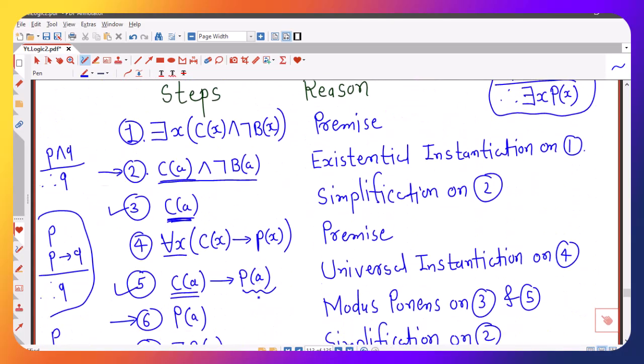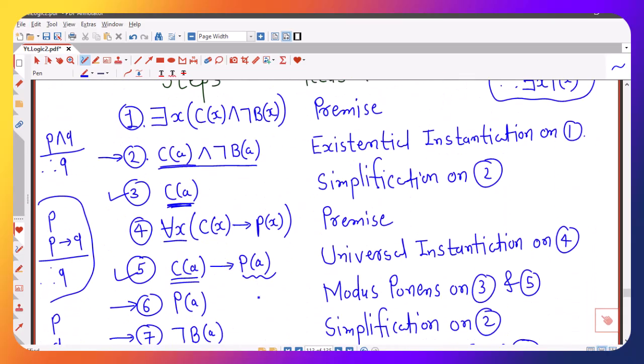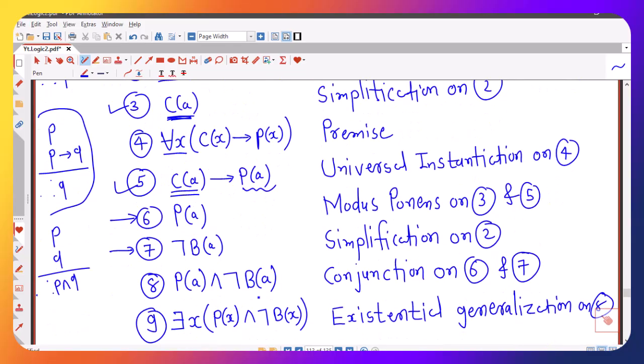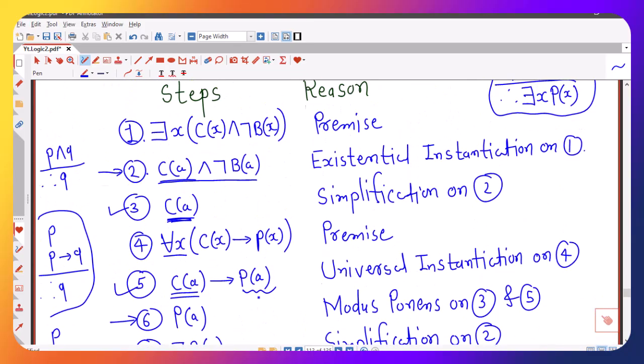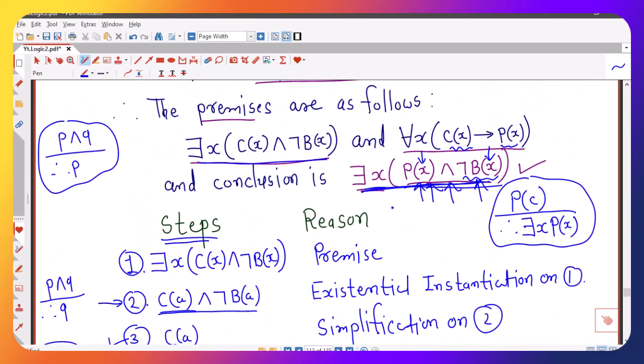So be careful whenever you have this type of long procedure, and you will be able to do this type of problems by practice, because there is no general rule for the sequence of these steps which we have taken here, but we will keep in mind which conclusion we want to arrive at, and accordingly we will use the required rules of inference and premises.